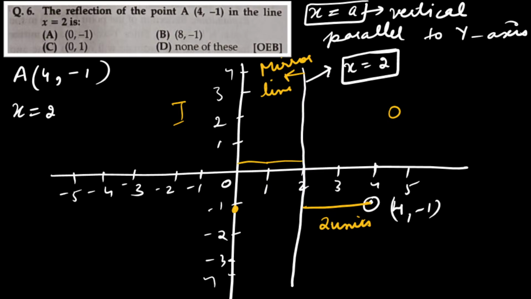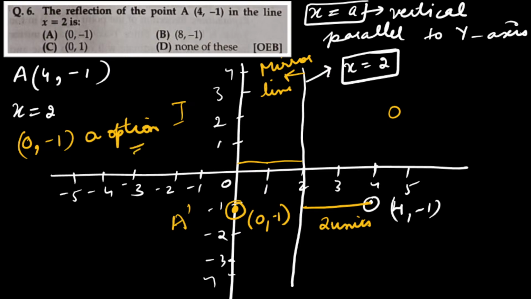So that means here the image point will lie. So A dash will lie on the y axis. Y axis means x is 0 and y's value is minus 1. So A dash is equals to, that means image is 0 comma minus 1. So which option? Option A, 0 comma minus 1.